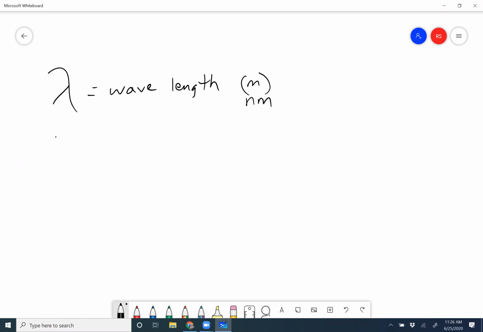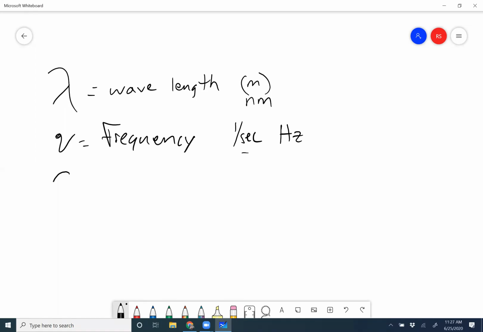And then we have the Greek letter nu, which is actually N, but it looks like a V with a little ball on it. Some people draw it like that. There's a bunch of different ways to draw it, but it's the Greek letter lowercase n, and it is frequency. And it has the units 1/seconds, which is also called Hz or hertz. Those are the same thing.